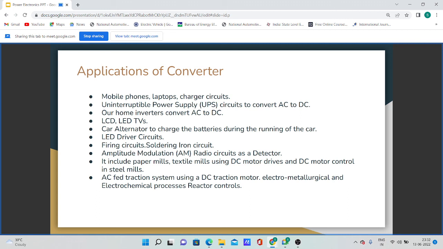It is also used in driver circuits, soldering iron circuits, and firing circuits, which are based on converter principles. Amplitude modulation radio circuits use it as a detector.